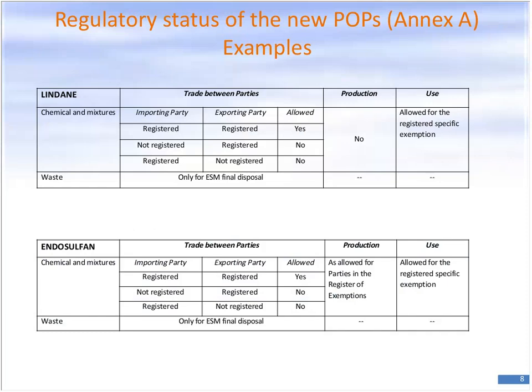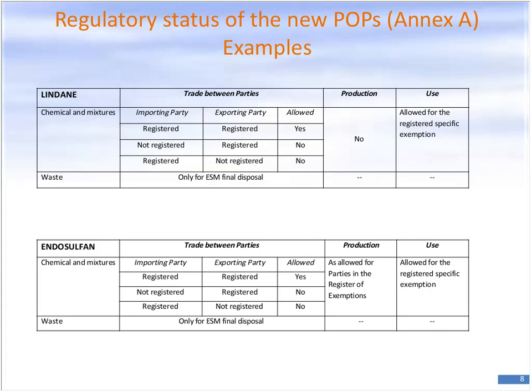So for lindane, there is an exemption from the ban of use. It is for health purposes to fight lice and scabies. So these mixtures are allowed if you have registered exemption. So when you see the table, it talks about chemicals and mixtures, and then it is the trade between parties.